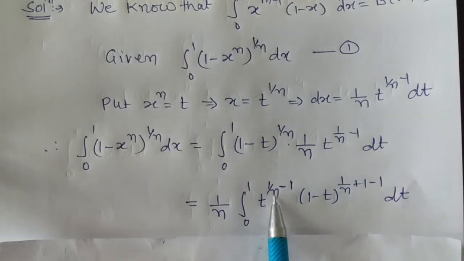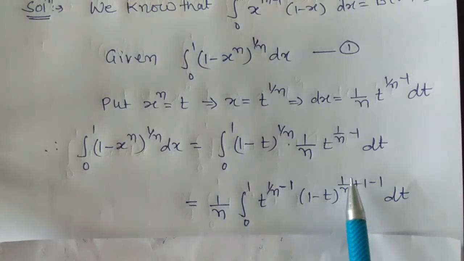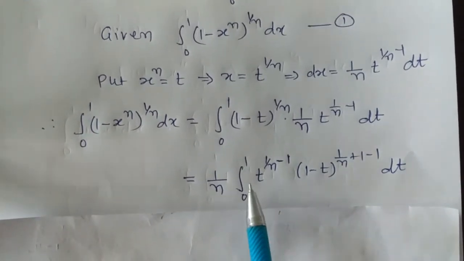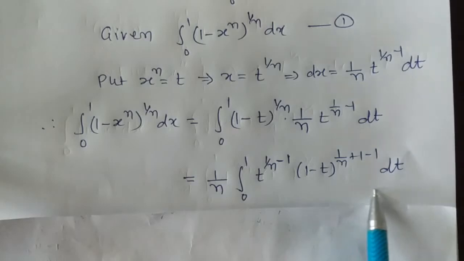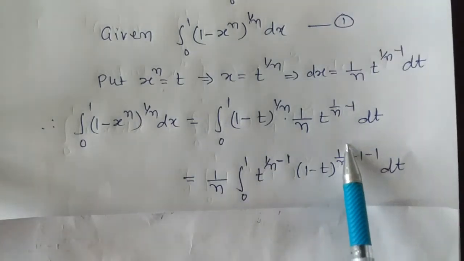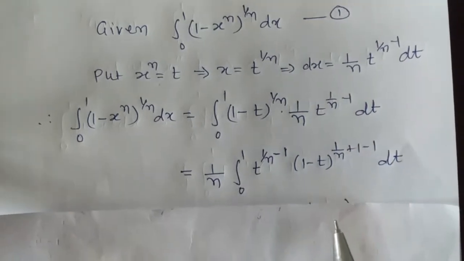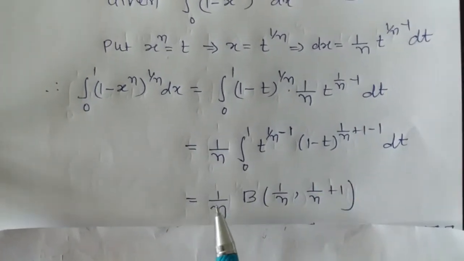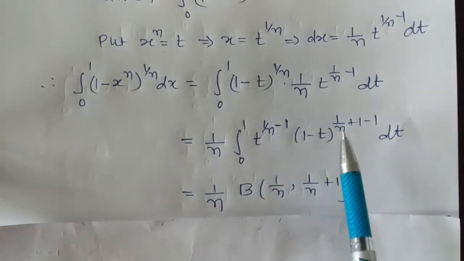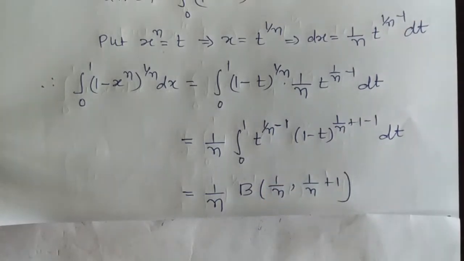Here m is 1/n and n is 1/n plus 1. So using the definition of the beta function, we write this integral as beta(m, n), and then we have 1/n into beta(1/n, 1/n plus 1).